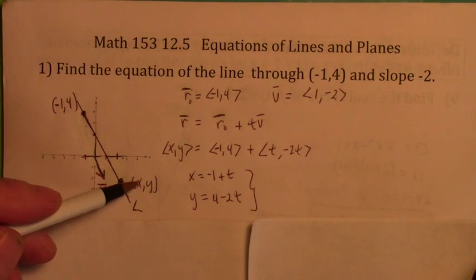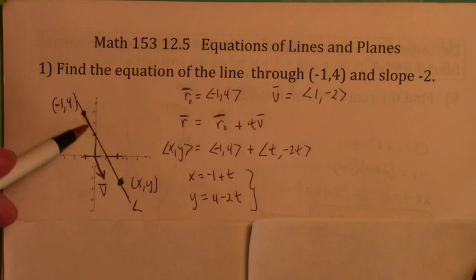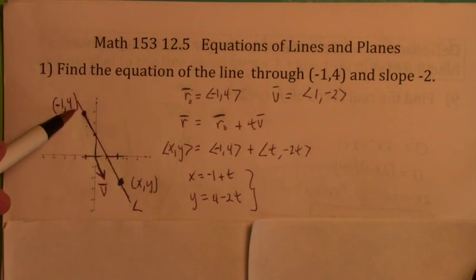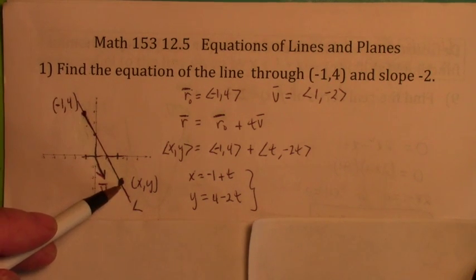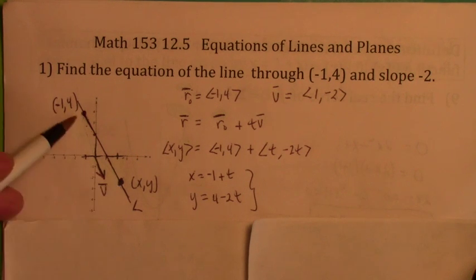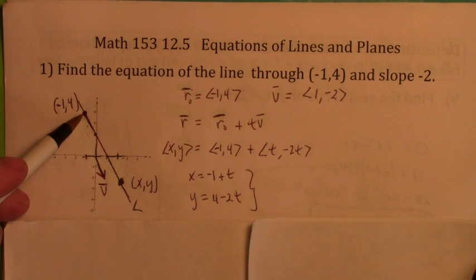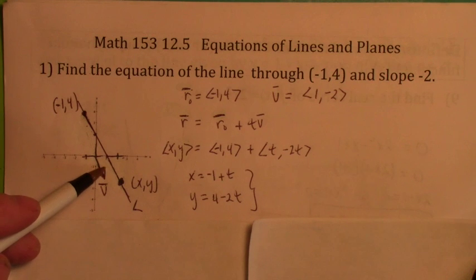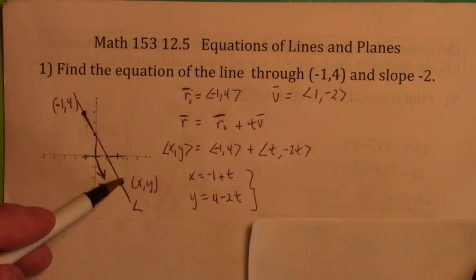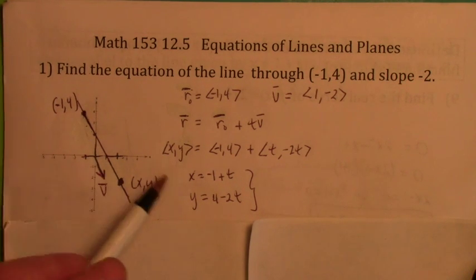So if (x, y) is any other point on this line, remember this is a line with slope negative 2 that goes to the point negative 1, 4, it can actually be thought of as starting at the point negative 1, 4, and then moving parallel to this direction vector a certain length. So you can think of it like this.